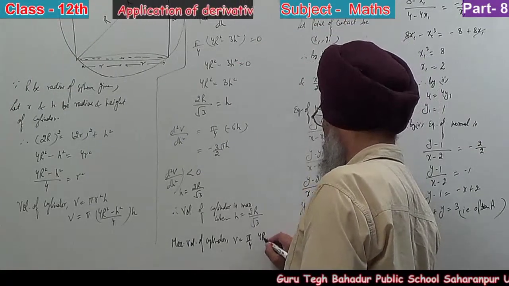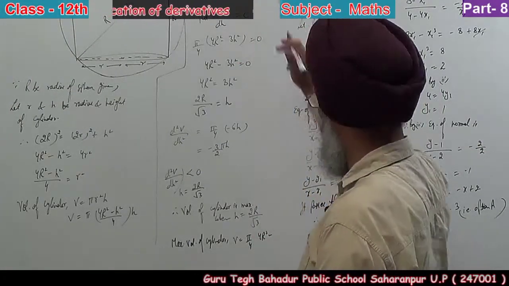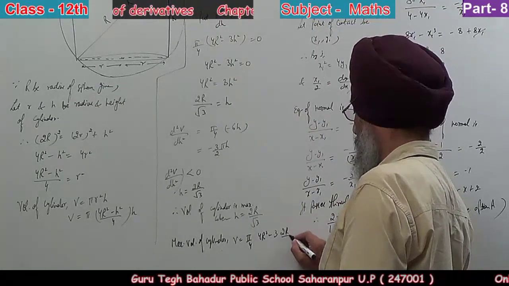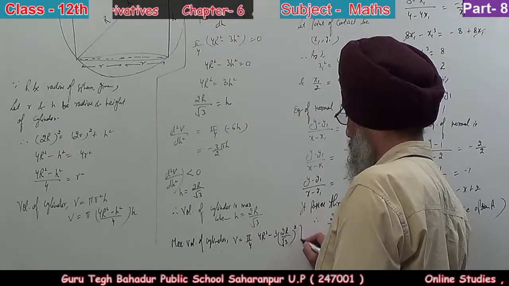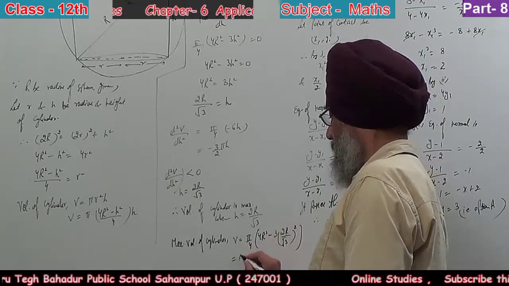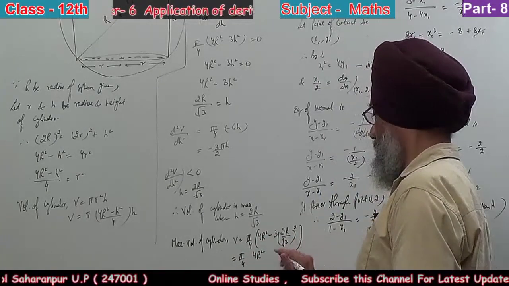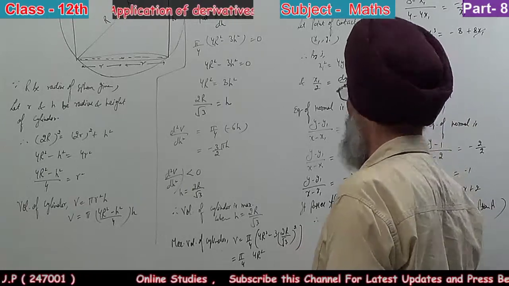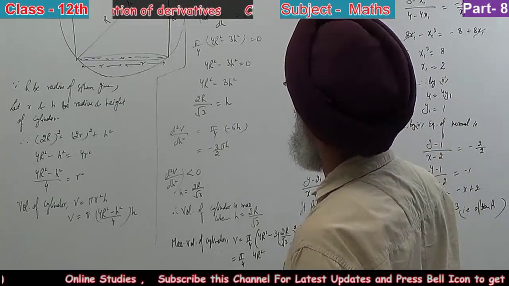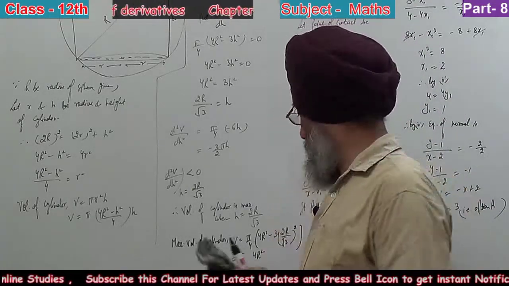4R square, h as 2R upon root 3, 2R upon square root of 3 whole square. It is pi upon 4, 4R square, 3 get cancelled, minus 4R square, it is coming here. Oh, sorry, we have placed the wrong value here.